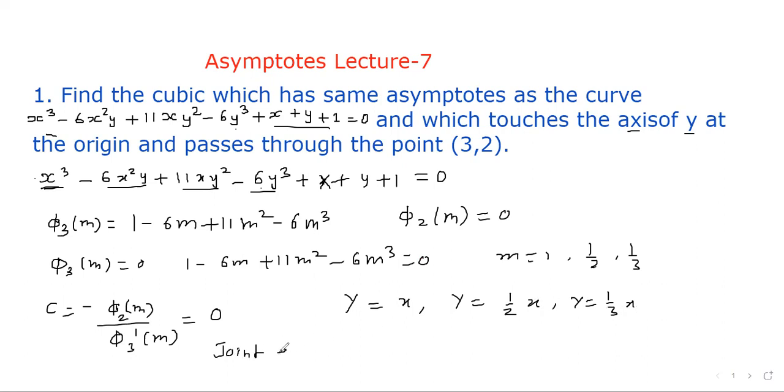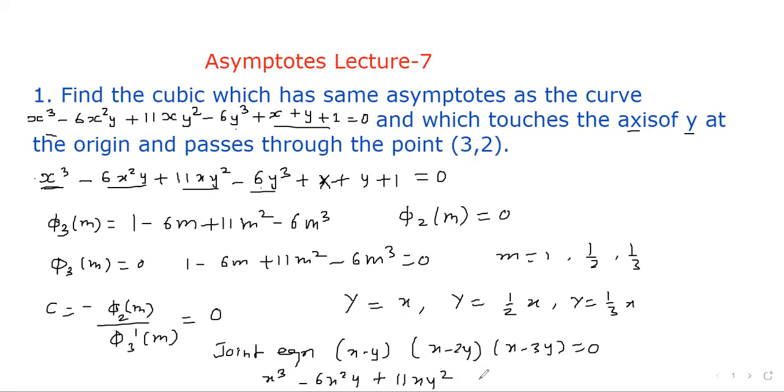So the joint equation will be x minus y times x minus 2y times x minus 3y equal to 0. And then we simplify. So after simplification, we will get x cube minus 6x square y plus 11xy square minus 6y cube equal to 0.